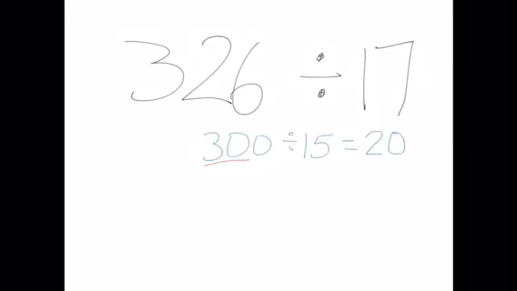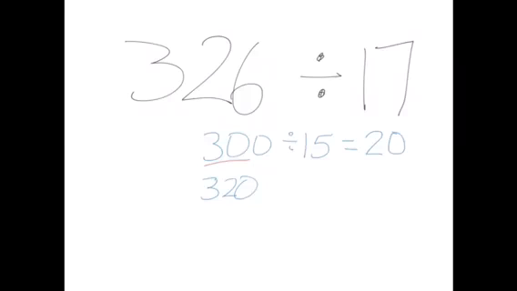Now we want to try to change both numbers as little as possible. Another one we could do would be 320, so I'm changing this much less, divided by 16. And again, changing this less.